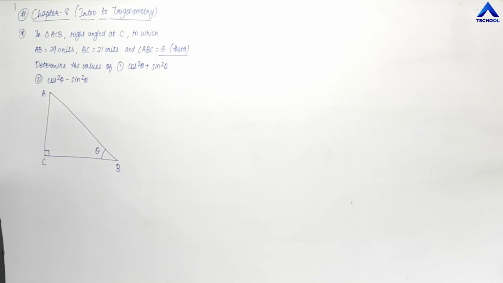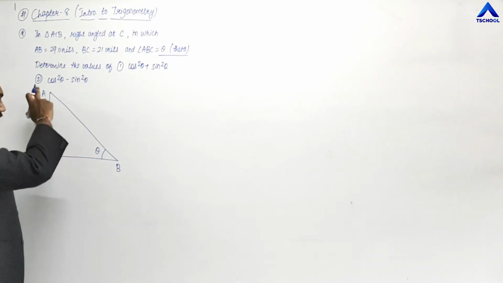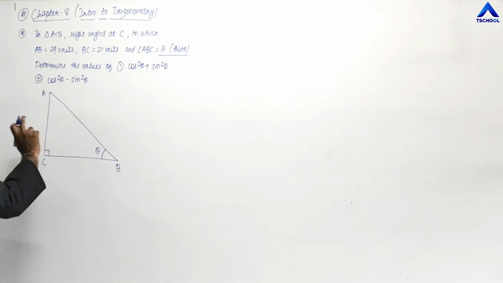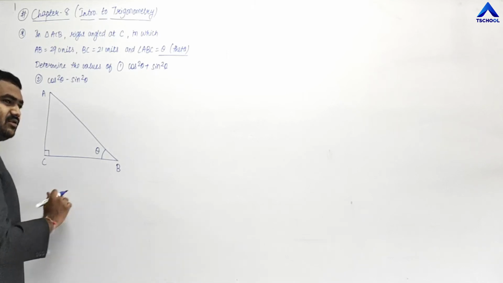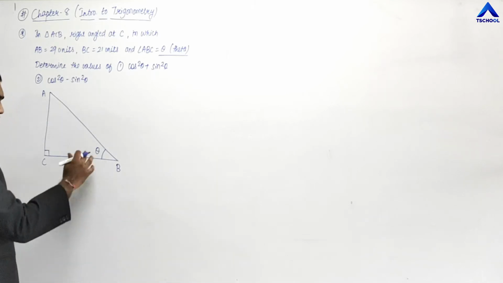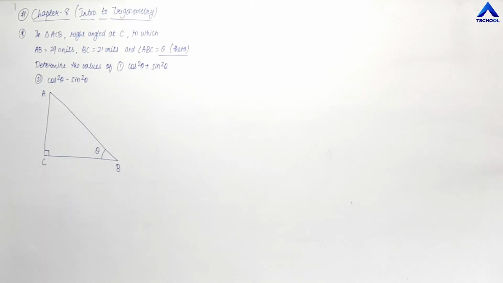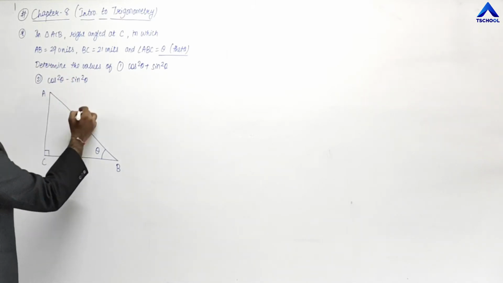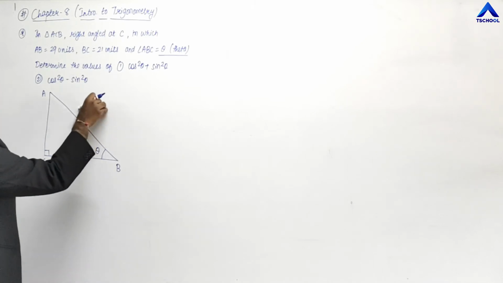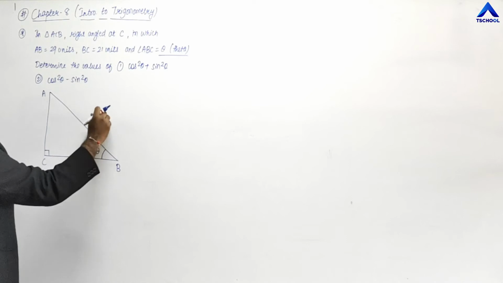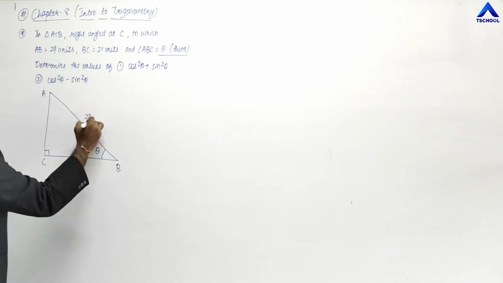Now we have that angle named theta. So we will write sine theta, where theta is the angle ABC. So sine theta is again opposite side divided by the hypotenuse, right? Now we are given the lengths here, AB equals 29 units, BC equals 21 units, and the third side is not given.